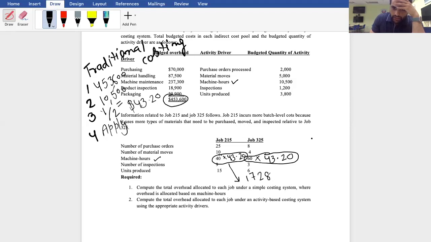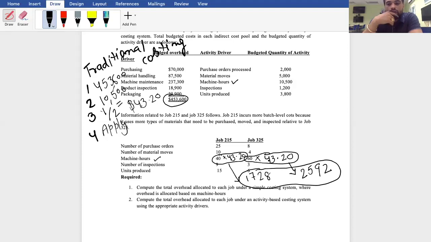For this, which is 60 multiplied by 43.2, 2592, all right? So this is the overhead allocation using traditional method, all right?